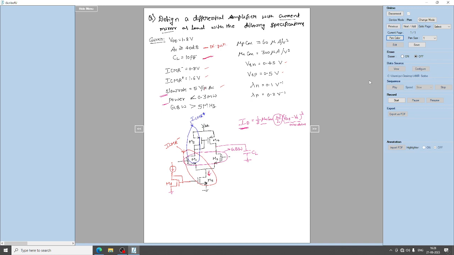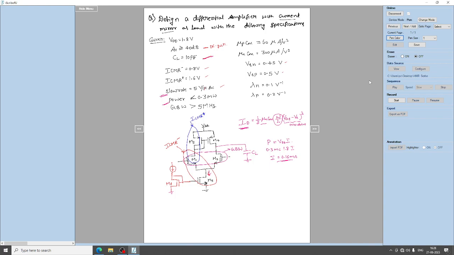Okay, so the first thing is we have to find the current. As I told you, you can find the current by making use of power or slew rate. By power we know that P = V × I. So P is 0.3 milliwatt and VDD is 1.8 volts, so your total current I will be 0.3 divided by 1.8, approximately 0.16 milliamp.